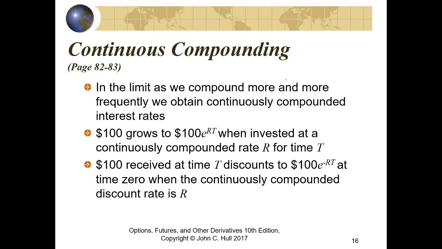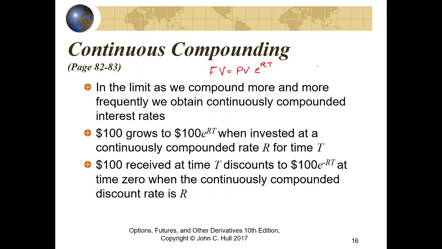In other words, if I want to find the future value of a certain amount, the future value is equal to the present value times e to the power of RT. Again, e is the Euler number, which I introduced in chapter 5, R is the continuously compounded rate, and T is the number of years.